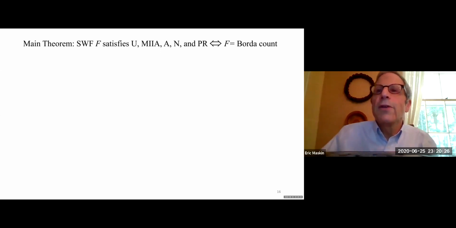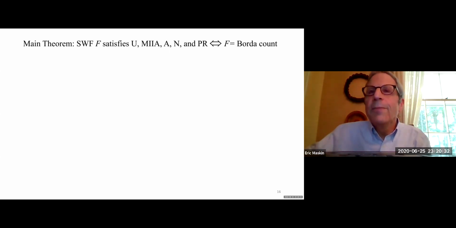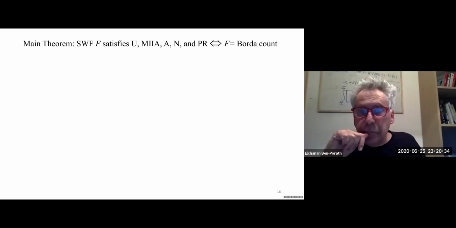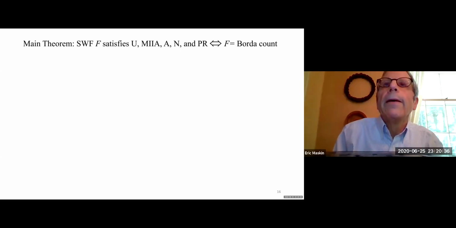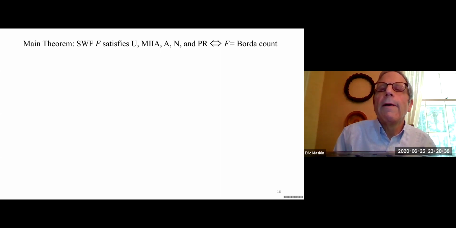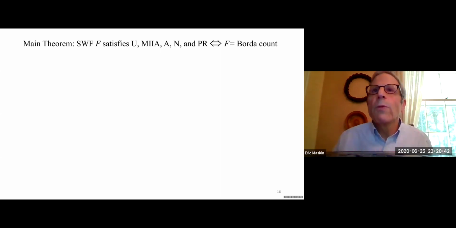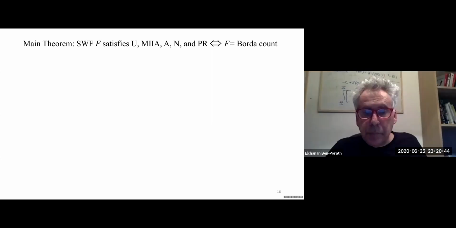Now, there are two other Arrow axioms, non-dictatorship, but that's weaker than anonymity, so we don't need that. And Pareto, we also don't need Pareto for this result.